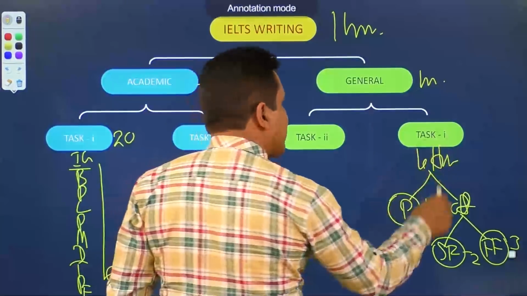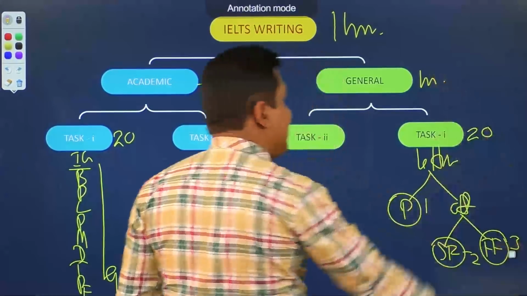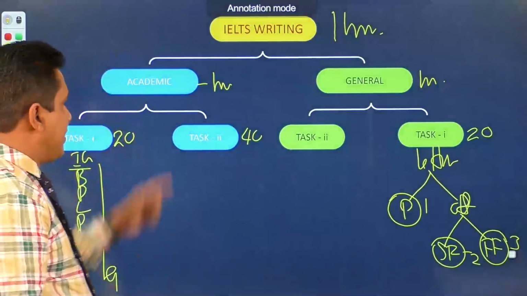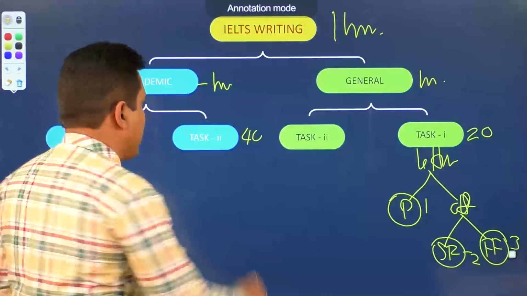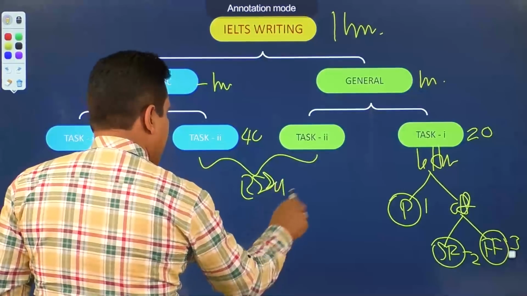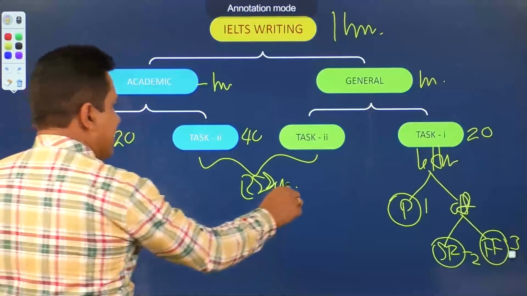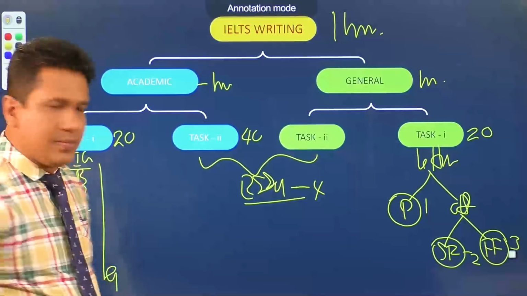Normally, section 1 of general is a 20-minute test, and section 2 of academic and general both, we call it essay writing. We call it essay. Mainly, there are 4 types of essays we can meet in this exam.